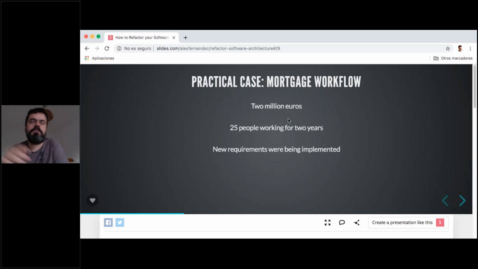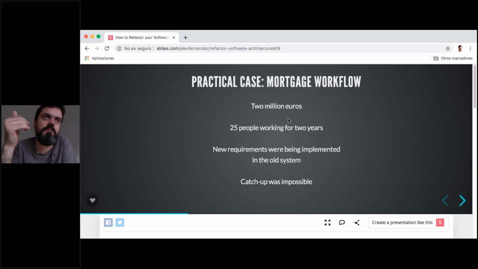In this particular example, we were just working on the new system, and the old system was being improved, and the new system was playing catch up all the time. So in fact, it was impossible, because once they arrived at the initial point, they would have to implement a backlog of 2 years of changes.